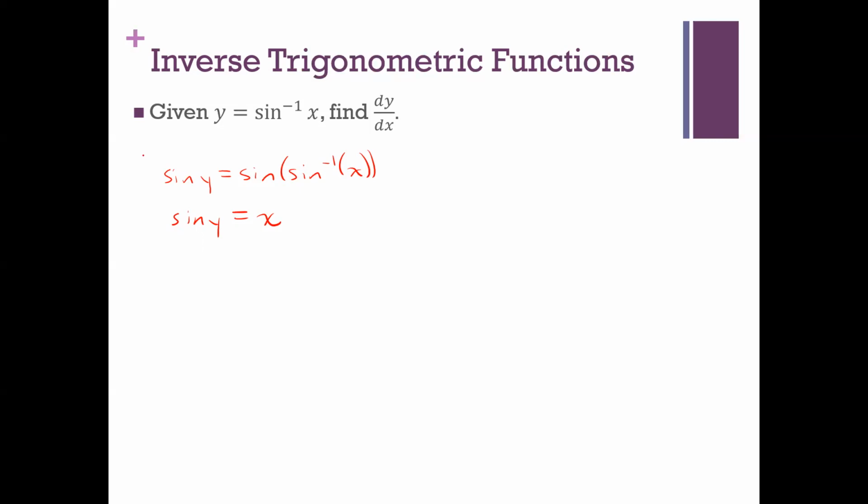Basically I took the sine of both sides. Sine of that equals sine of that. I'm just doing algebra essentially. I can add 2 to both sides, I can square root both sides, or I can take the sine of both sides.